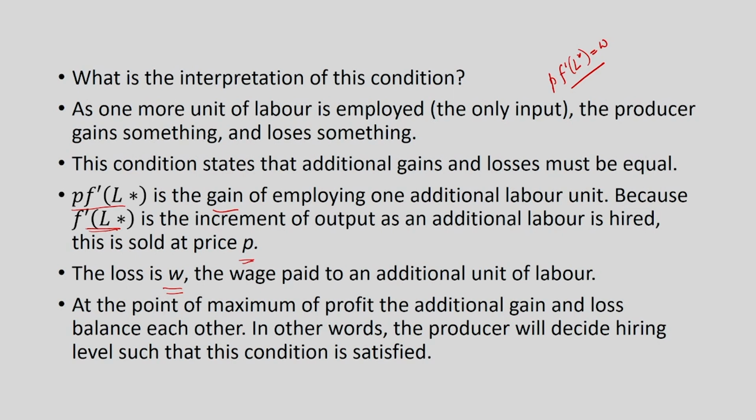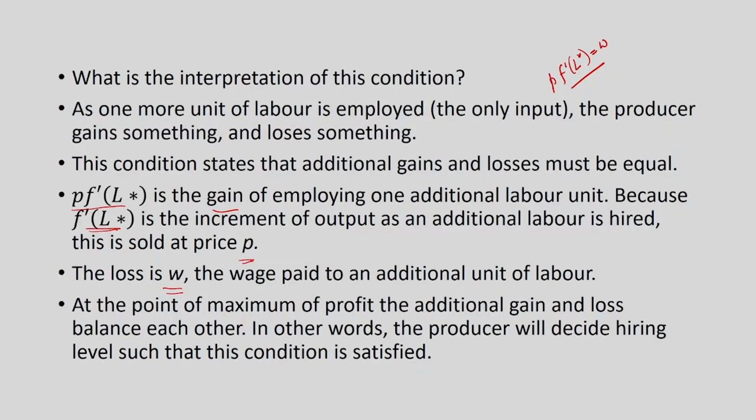You are employing one more unit of labor and the cost of labor is W. So, the cost is W. So, you have to deduct that. At the point of maximum profit, the additional gain and loss balance each other. In other words, the producer will decide the hiring level such that this condition is satisfied.